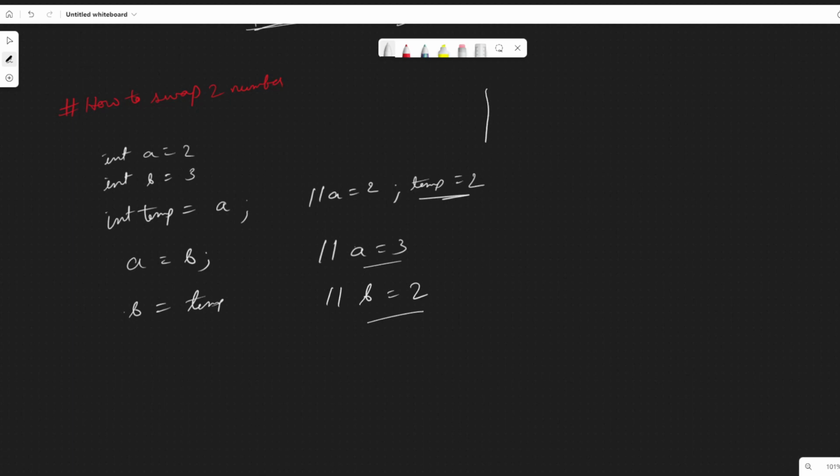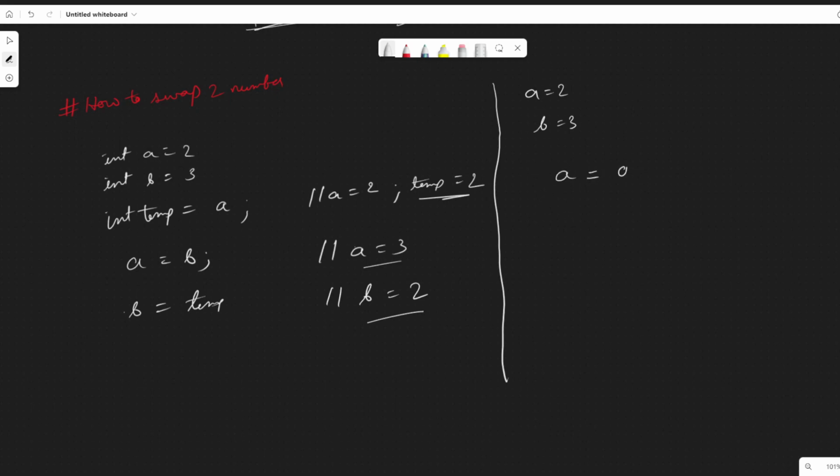So how can we swap two numbers using a bitwise operator? If we are given a is equal to 2 and b is equal to 3, we can perform XOR operation for swapping two numbers. So what will happen?